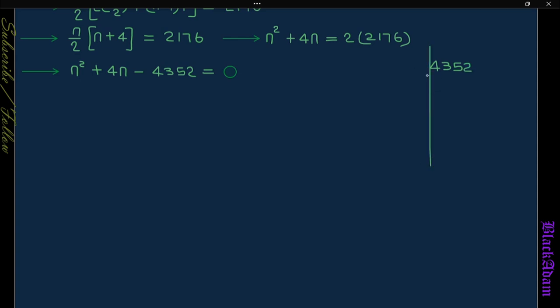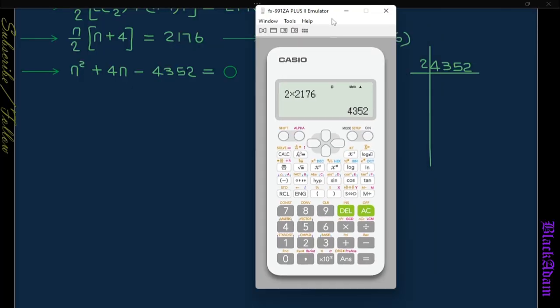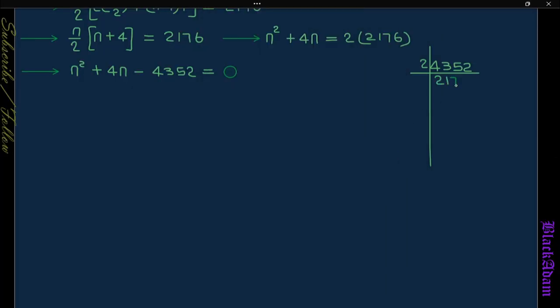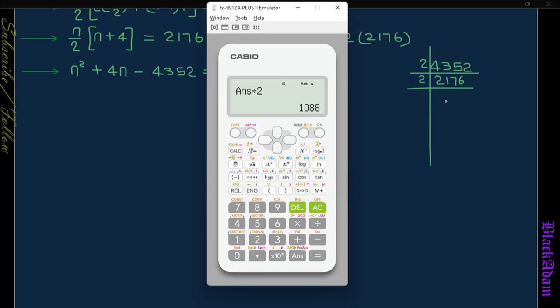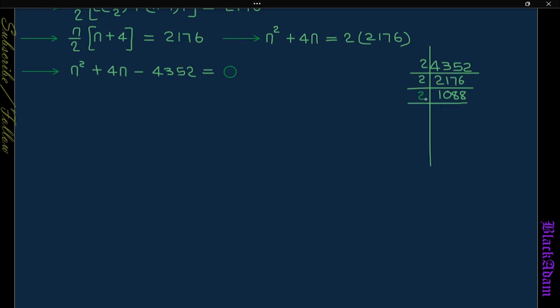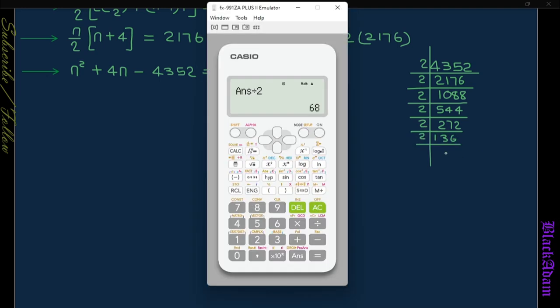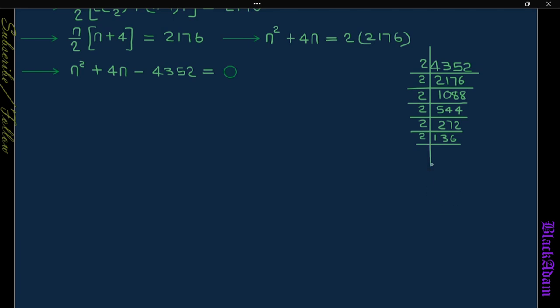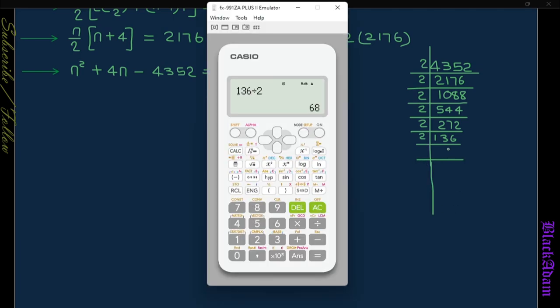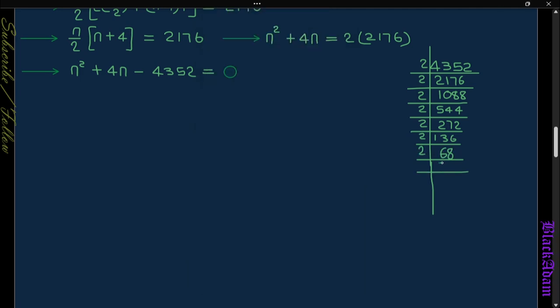Divide by 2: 4352 divided by 2 is 2176, then 1088, then 544, then 272, then 136, then 68, then 34, then 17. 17 is a prime number.